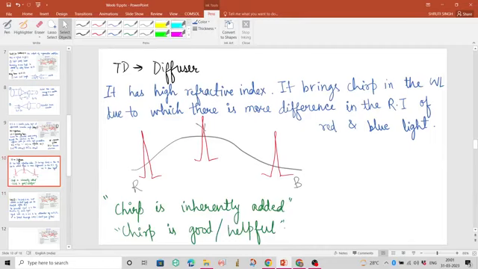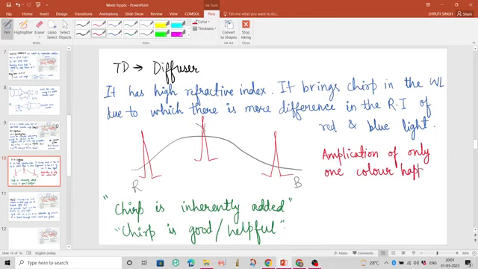Here I would like to add a sentence: amplification of only one color is happening.